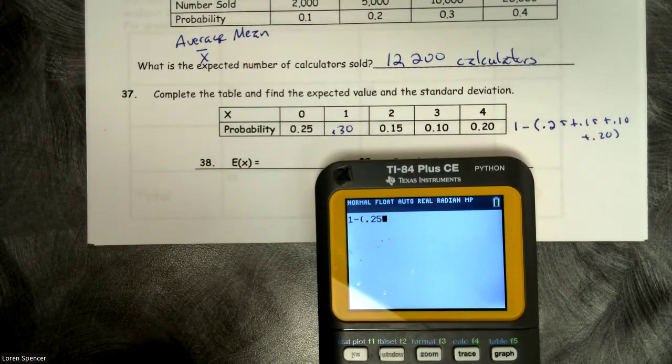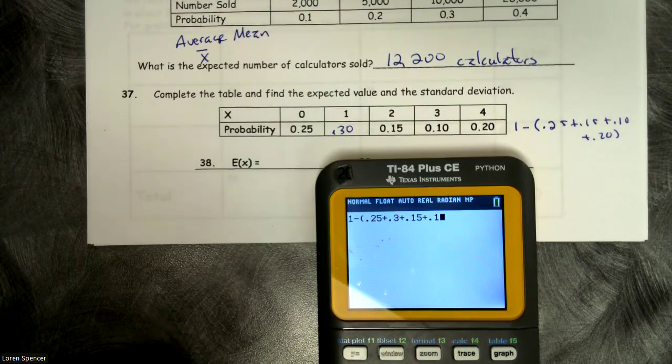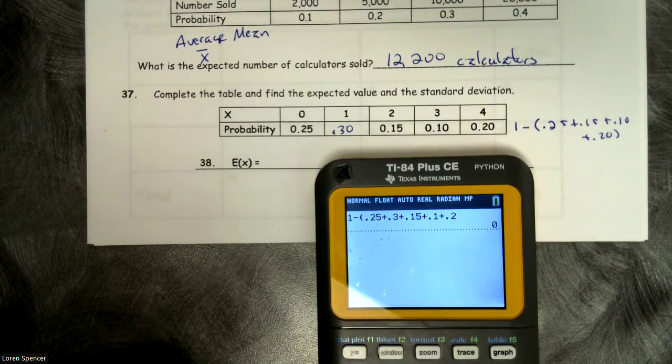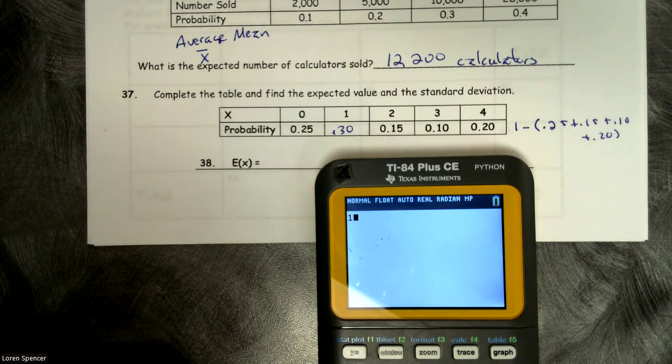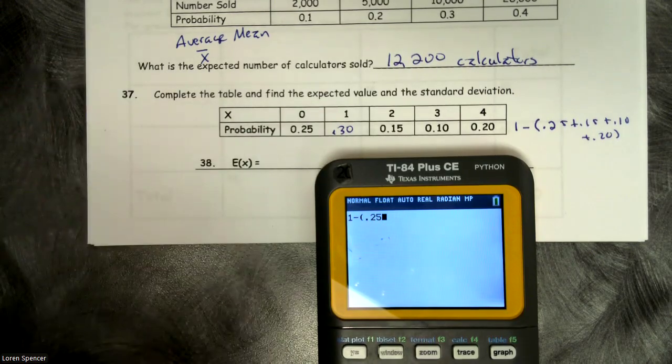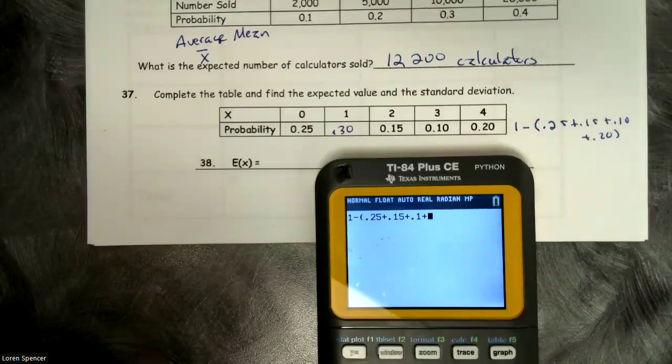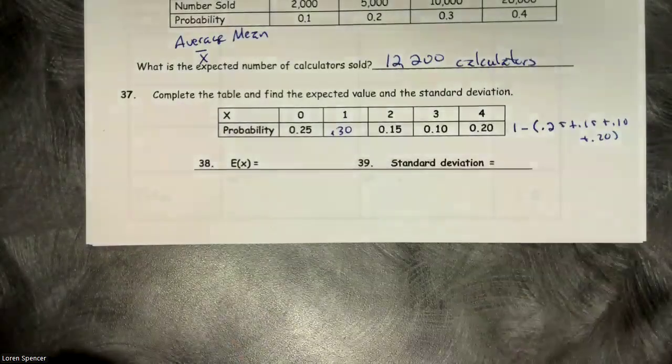Try it again. 1 minus (0.25, we're going to leave out the 0.3 this time, plus the 0.15, plus the 0.1, plus 0.2). That leaves us 0.3, which we filled in there.